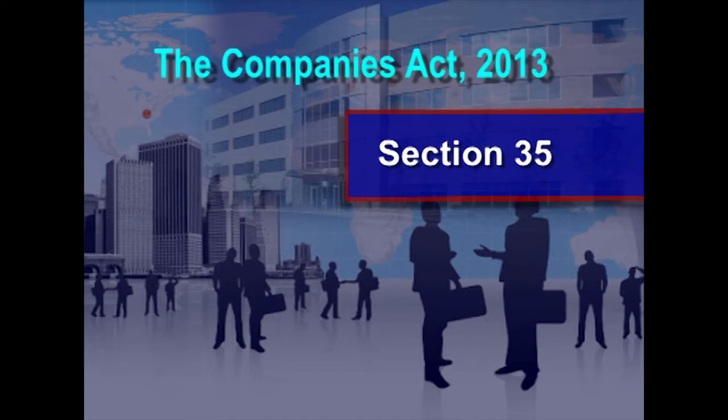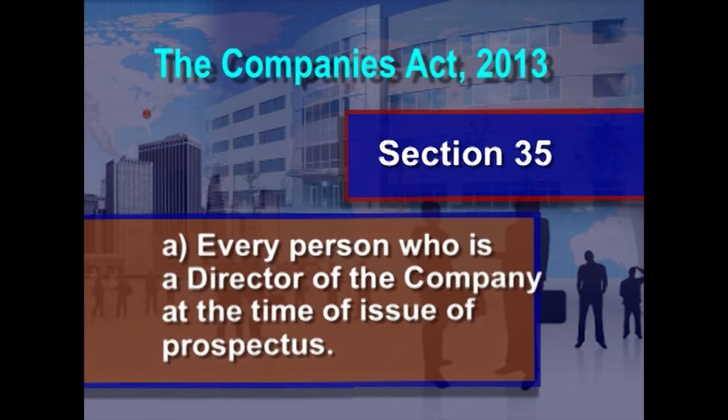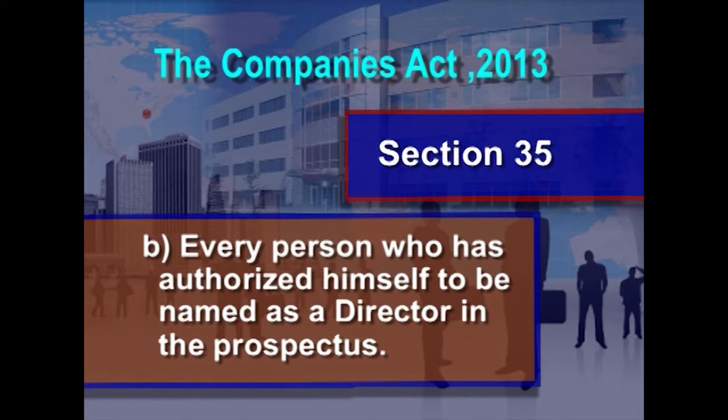According to section 35 of the Act, the following persons are liable under this section. A. Every person who is a director of the company at the time of issue of prospectus. B. Every person who has authorized himself to be named as a director in the prospectus.